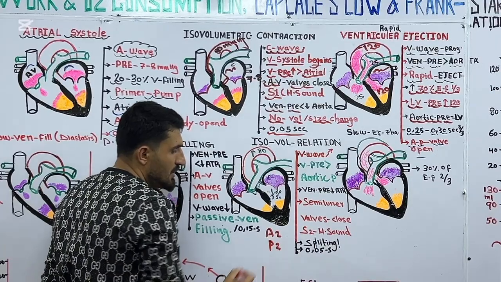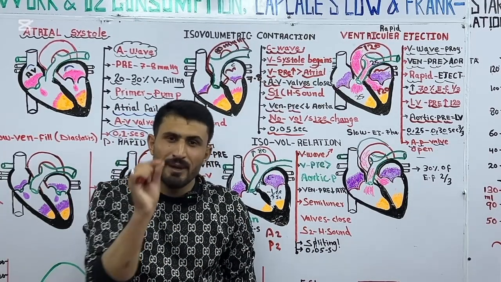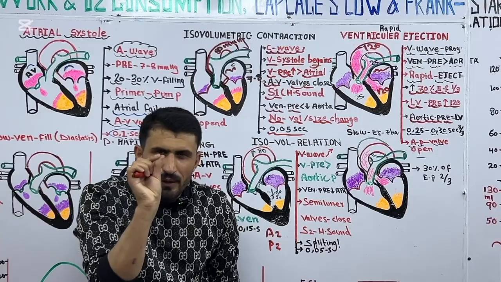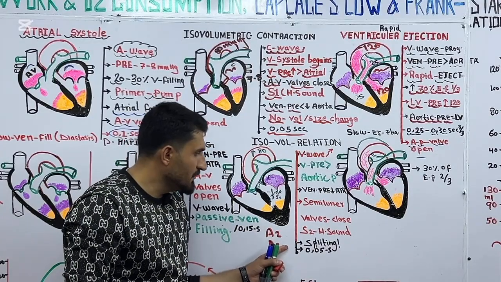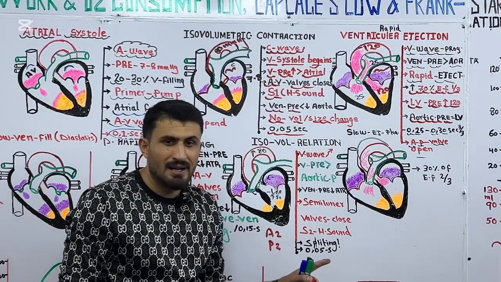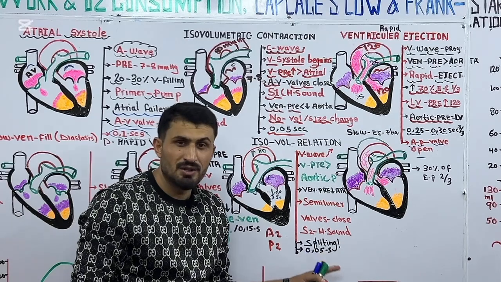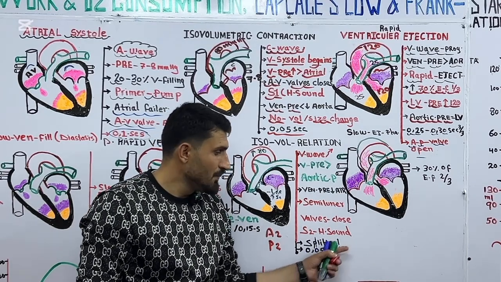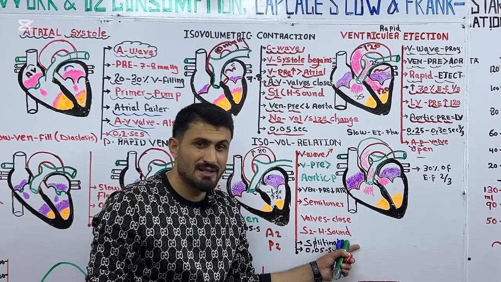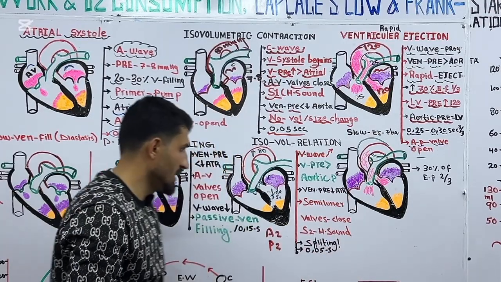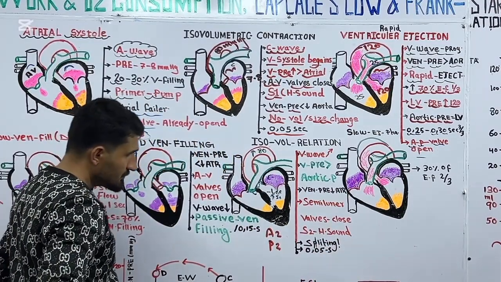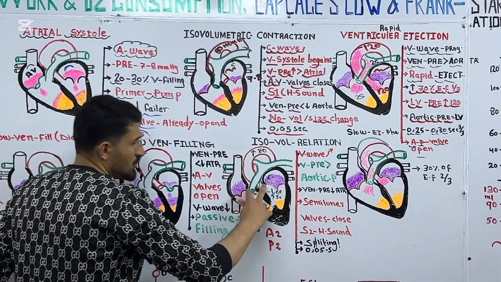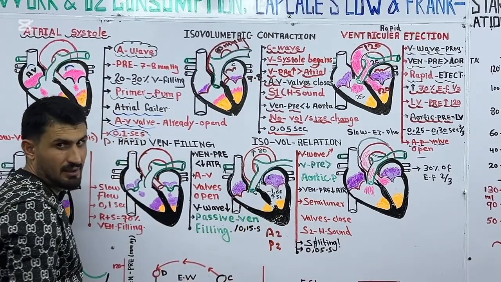Between A2 and P2 we have a small phase called splitting of S2. I'm not going to talk about heart sounds in deep detail, but we will in future lectures. But in a nutshell, these two valves close at about the same time.